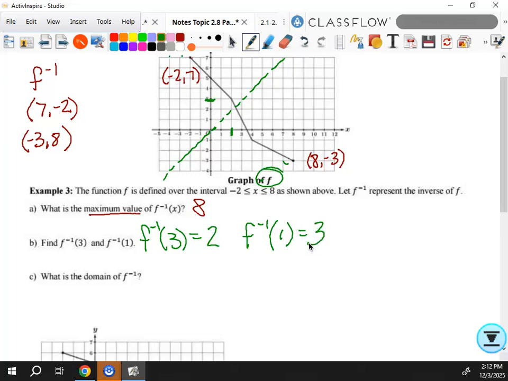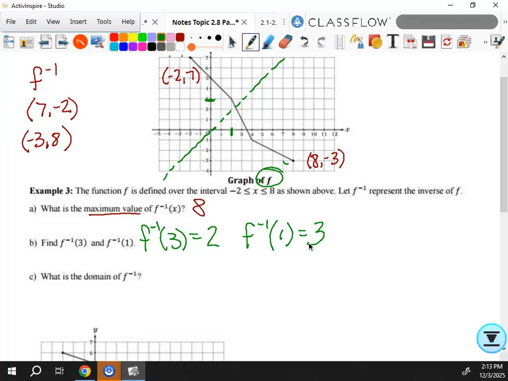Any questions about where any of those numbers are coming from? Would you say that's fairly simple? Okay, it is. But I get wrong answers on those things all the time. And I don't think it's because you just don't understand the concept. I don't know if it's because sometimes we're not paying attention to the fact that it's an inverse, or maybe it is that we don't understand and we're confused. I don't know. That's why I want you to ask me questions. But are we all good right now?